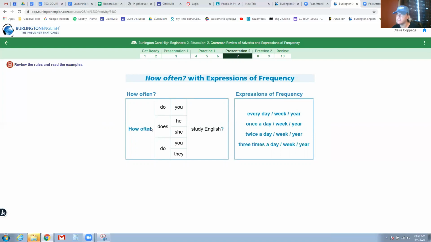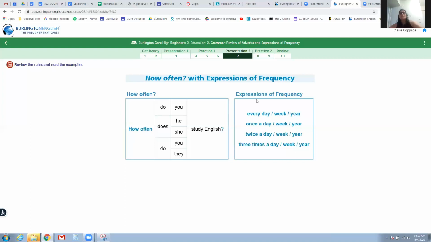And let's look at this sequence for asking the question. It's very similar to our questions with action verbs in present tense. So we are using do and does, then the subject, and the rest of the question. The difference is we're going to start with how often. Es como preguntar cuántas veces.